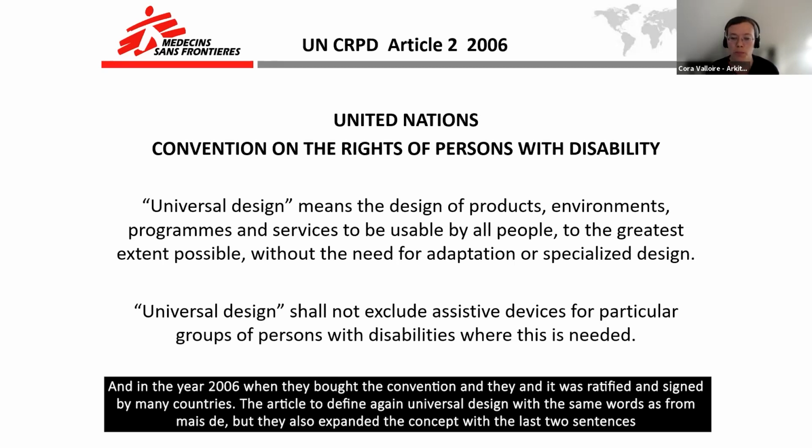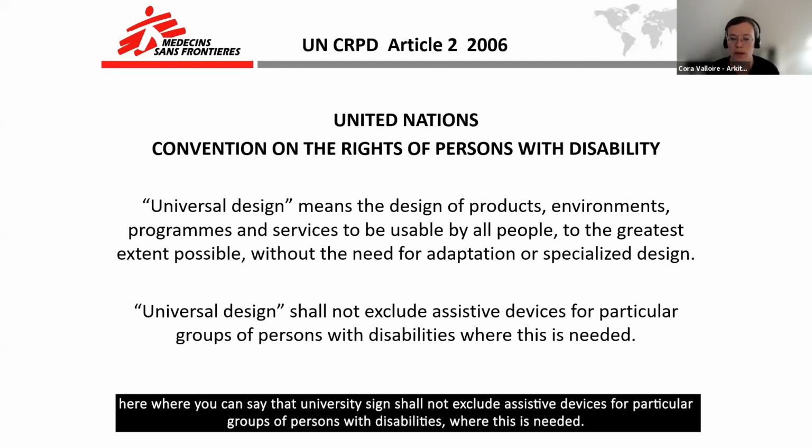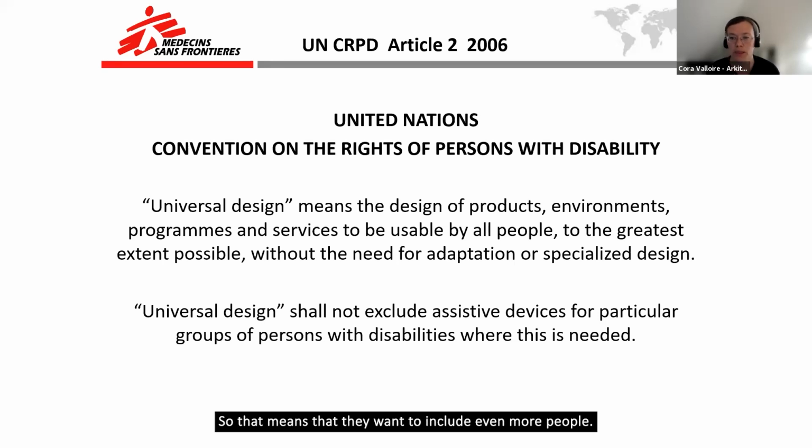But they also expanded the concept with the last two sentences, where universal design shall not exclude assistive devices for particular groups of persons with disabilities where this is needed. So that means that they want to include even more people.